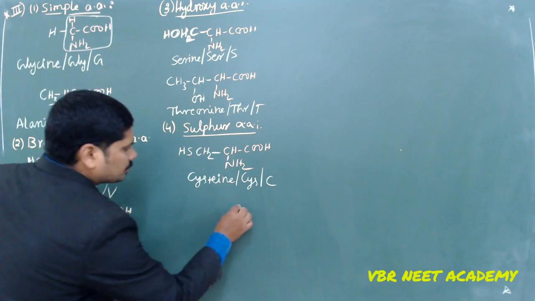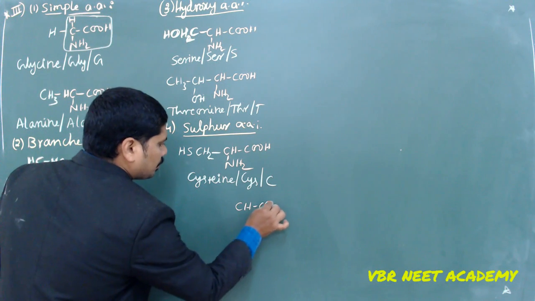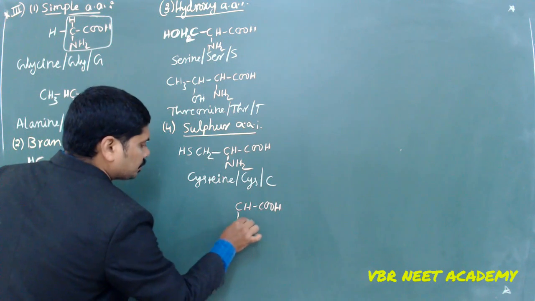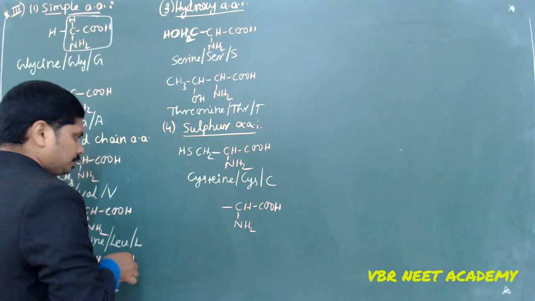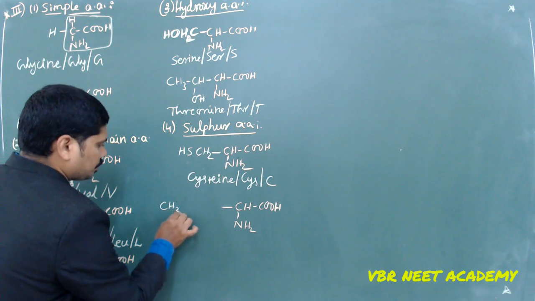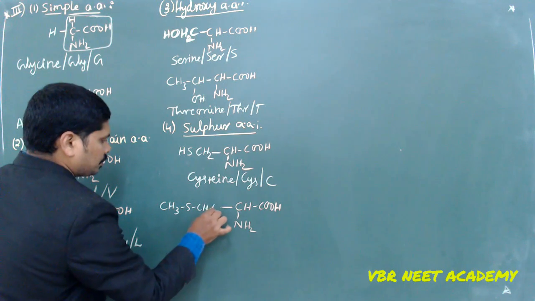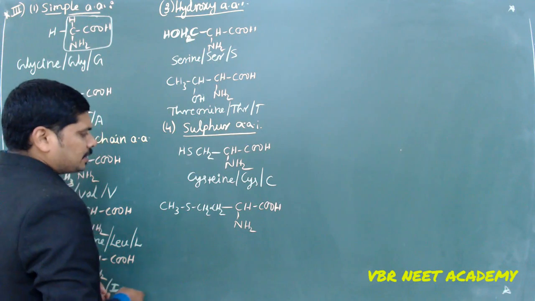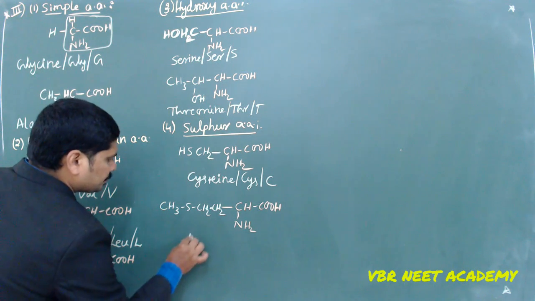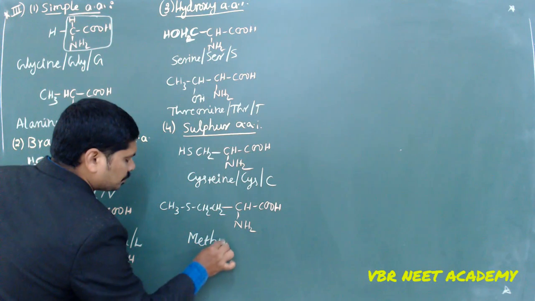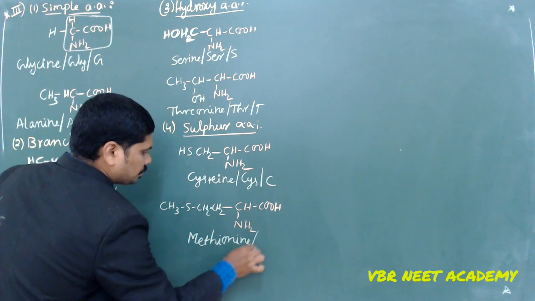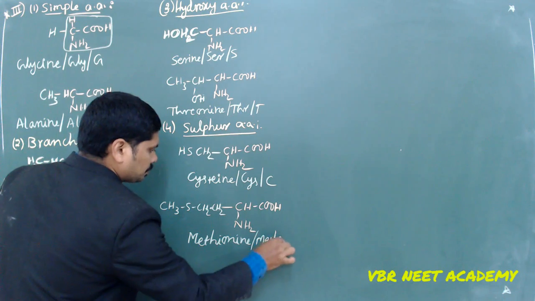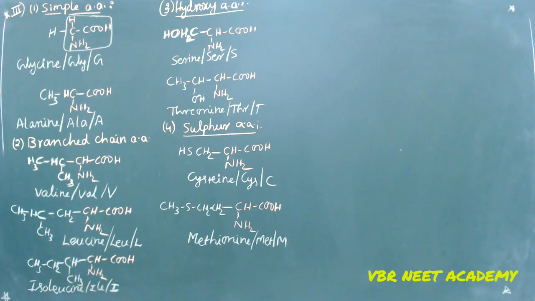Next we have a thioether present. This is called methionine. Cysteine and methionine, these two come under sulfur containing amino acids.